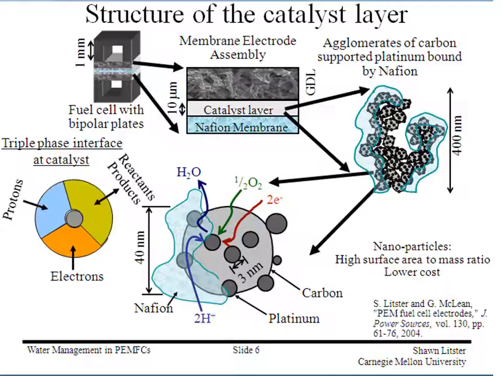So electrons have to work their way through this maze of carbon particles, which means that you have to have enough carbon particles so that you reach some point at which you have a path through the entire system. It's like a percolation threshold type of parameter.